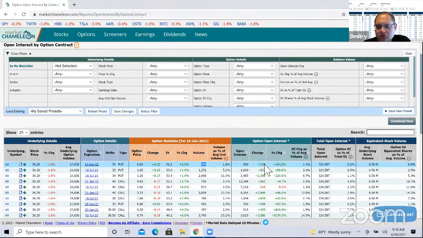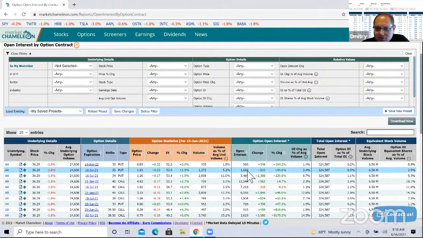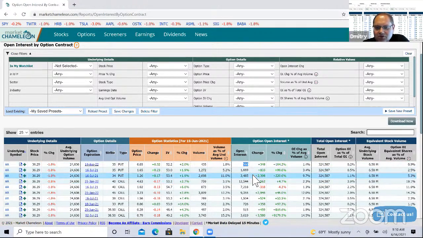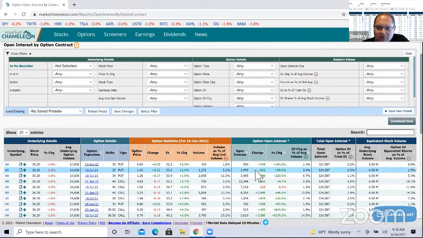Okay, so we have open interest here, and we look at open interest from 3 different perspectives. Whenever you have open interest on an option contract, one of the things you have to decide is, is that high or low?